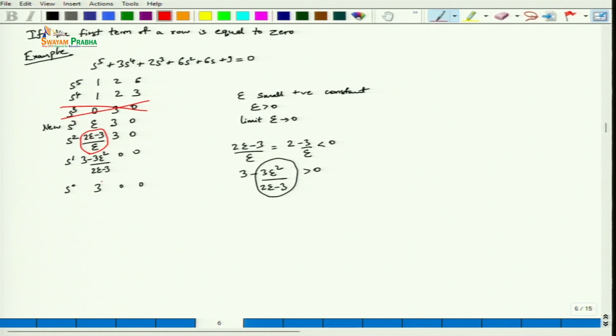So this represents 2 sign changes, because going from s to the power 3 to s square there will be one sign change, and going from s square to s to the power 1 represents another sign change.